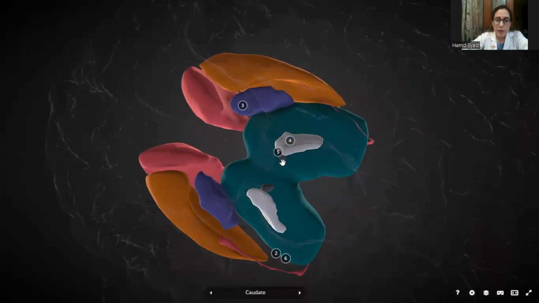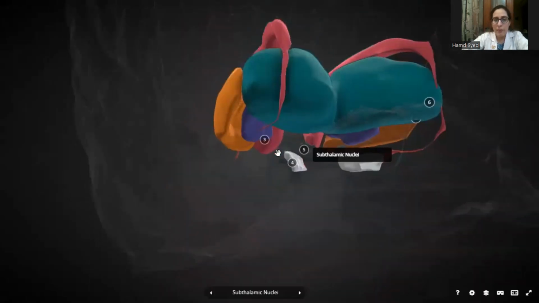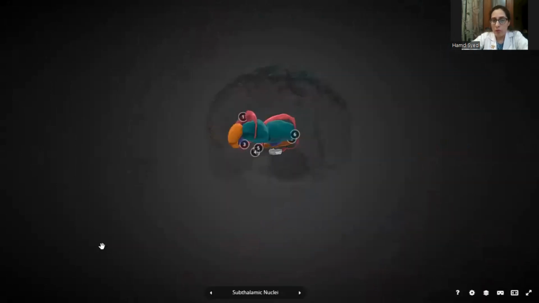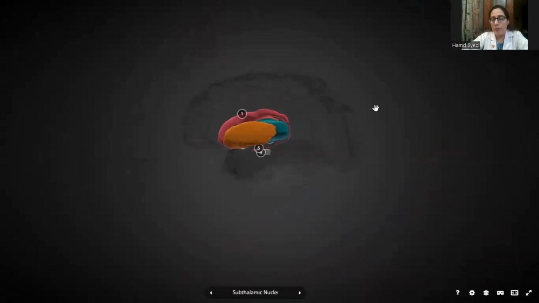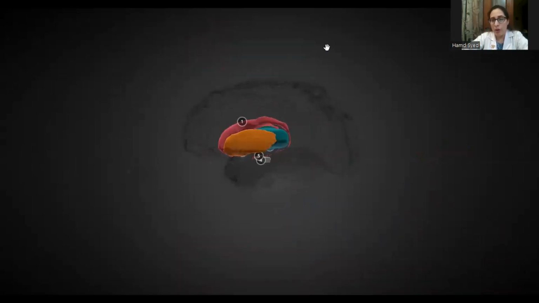Also on the under aspect of the thalami, this darker gray colored portion, these represent the subthalamic nuclei, right? So this was the description of the basal nuclei on the three-dimensional model to help us understand the basic parts, the basic anatomy of the basal nuclei.